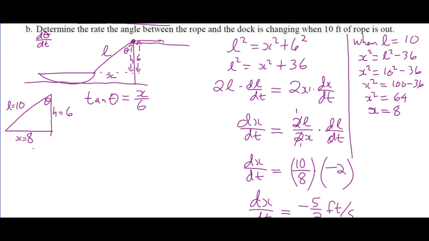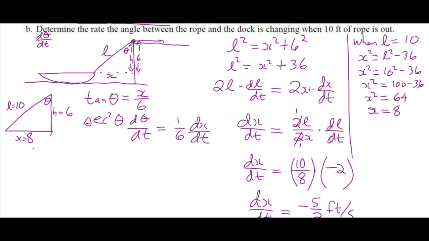Well, let's just finish this. So, take the derivative of both sides with respect to time. So derivative of tan is secant squared. So sec squared theta d theta by dt is 1/6, right, that's the constant, dx by dt. Okay, we want d theta by dt, right?